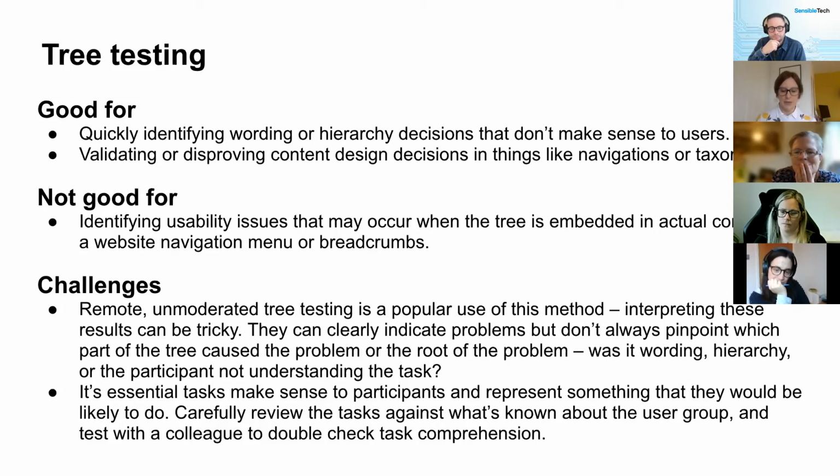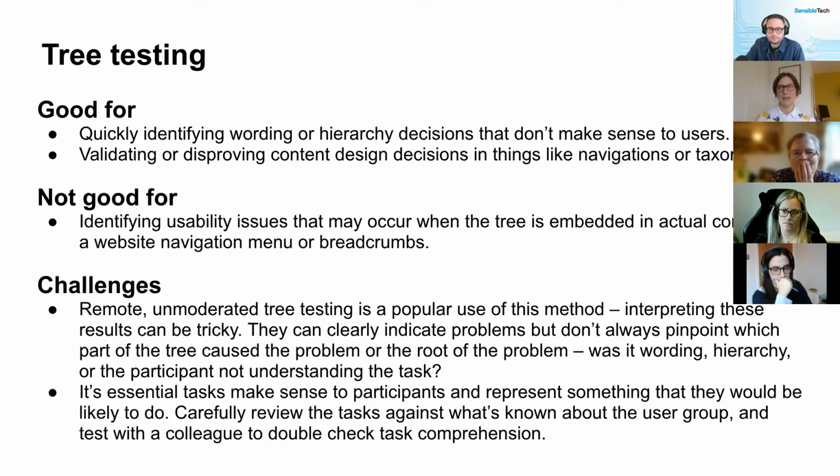But we usually say, if just one user has said something isn't working for them and the other 5 in that round it's not a problem for, we wouldn't really change something based on just that one user, but you'd bear it in mind. That's why when we analyze, we look for themes. Basically the more the better, and then finding themes.